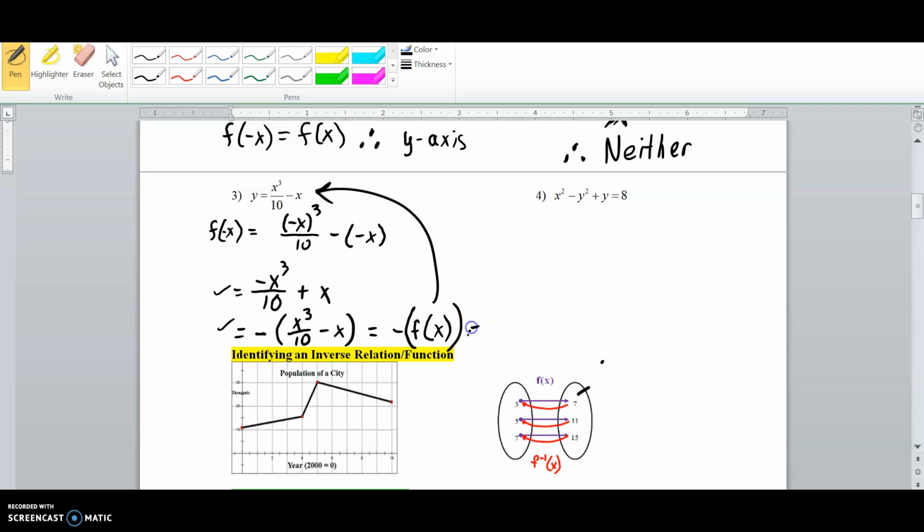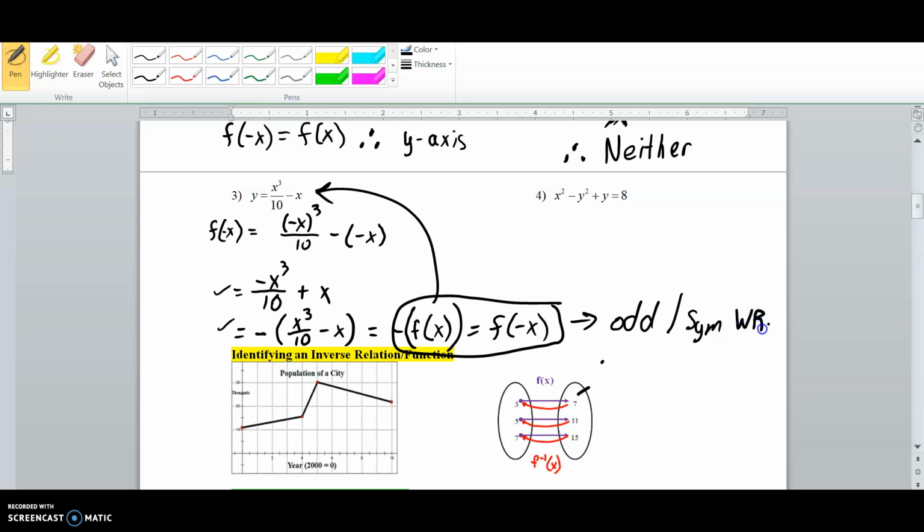All that proved is that I took f of negative x and was able to show it equals negative f of x, and we know that to mean that we are an odd function, or we are symmetric with respect to the origin.